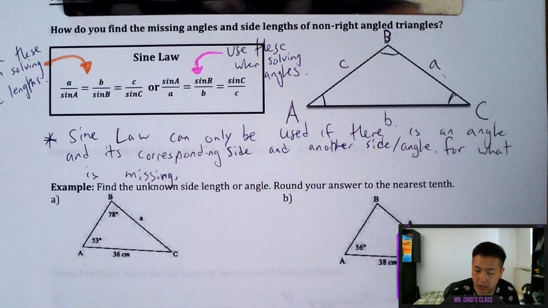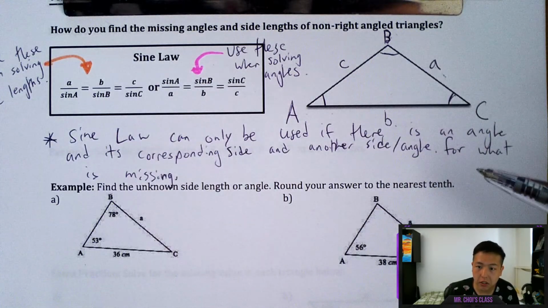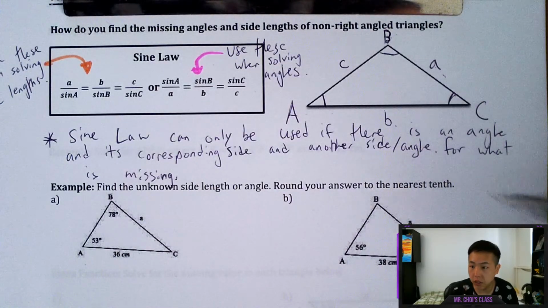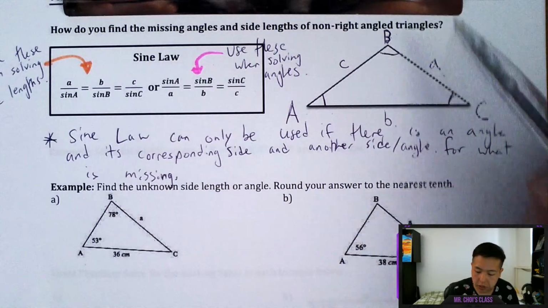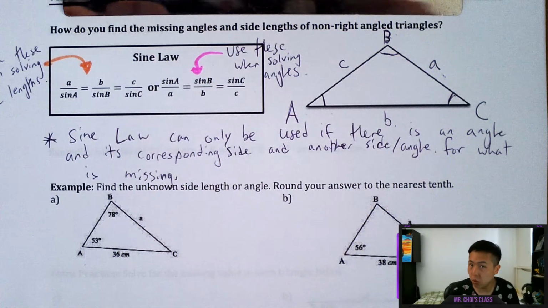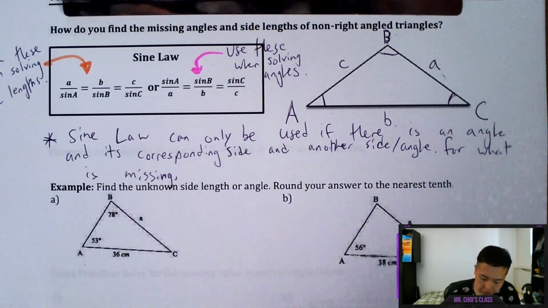If I don't have that, like for example, let's say I have all three sides. If I don't have a single angle, I can't use the sine law because I need an angle to put into the formula. If I don't have an angle, I can't put it in, right? And if I have all three angles, then I don't have any of the sides. So it's important for us to have that angle side pair. At least one pair is required for us to solve the rest, okay?